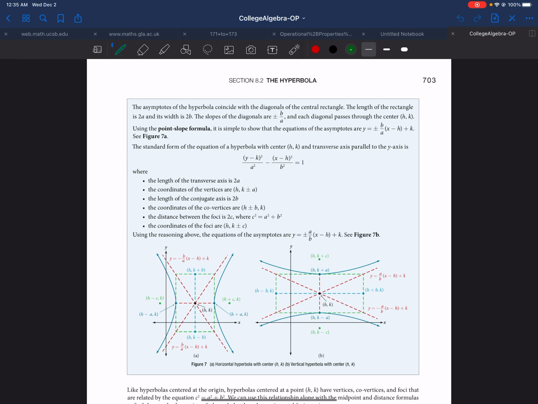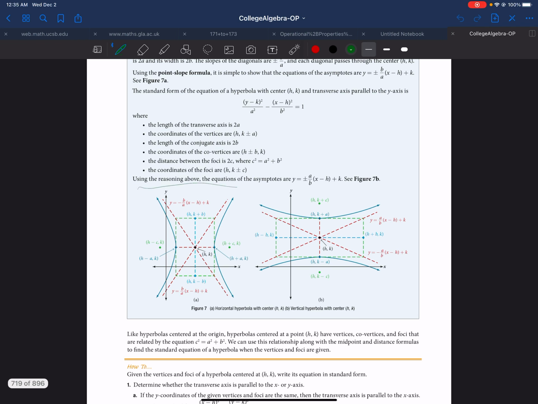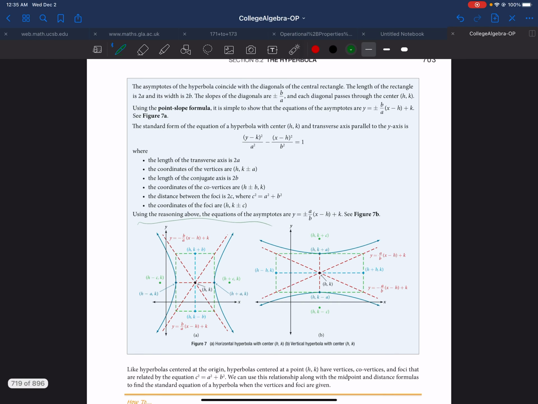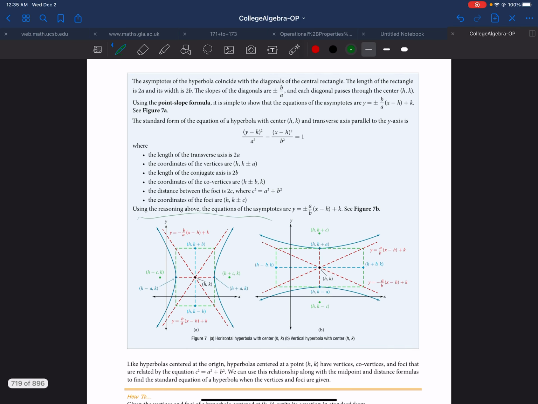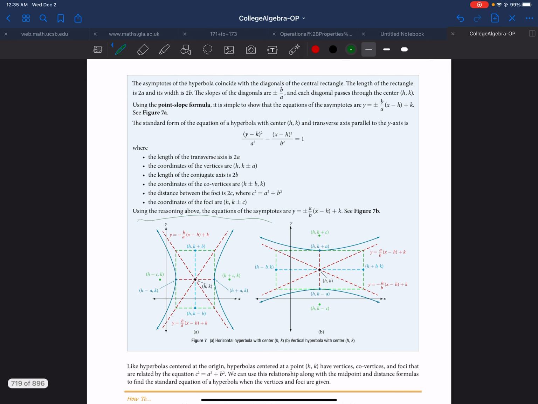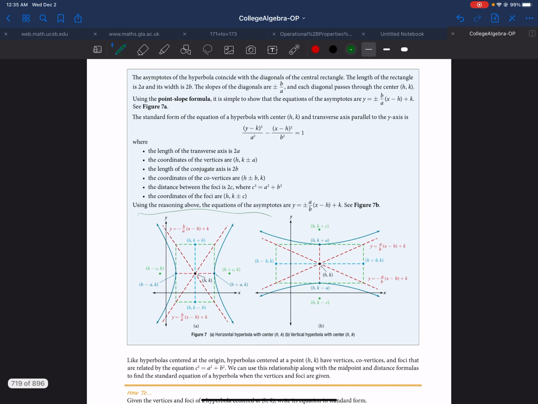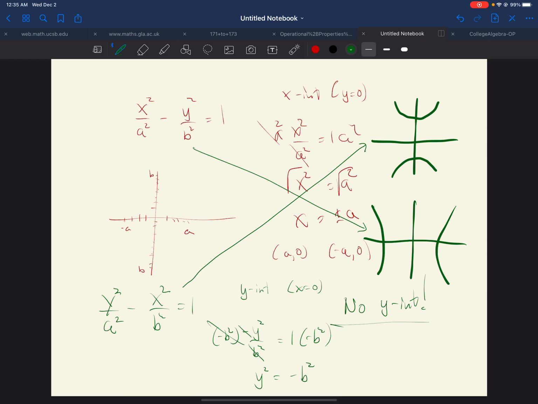Watch over here. In this case, using the reasoning above, we can see, and they tell us, all right, so they're trying to explain it, but they don't give how do you tell which one is which in here. You need to know, is it a vertical or a horizontal parabola? And so here's what I think.